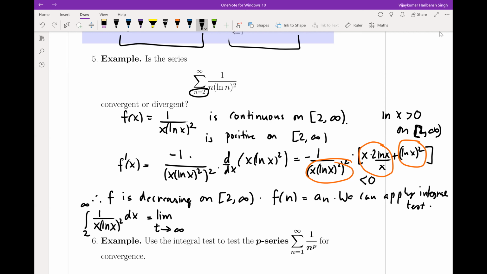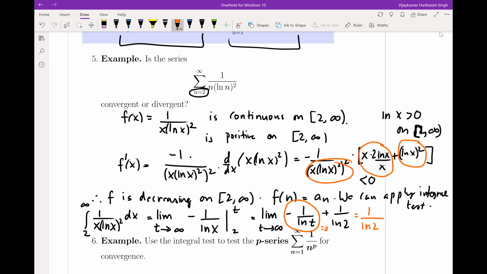The integral of this is going to be minus 1 upon ln x, from 2 to t, that is the limit as t goes to infinity of minus 1 by ln t plus 1 upon ln 2. And as t goes to infinity, this part will go to 0. So therefore you get 1 upon ln 2.